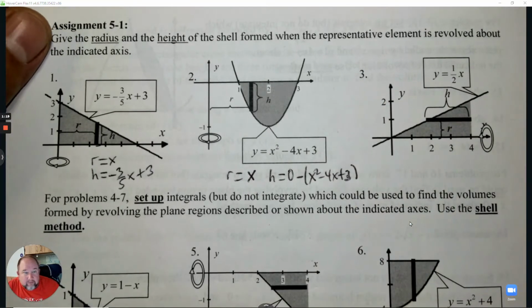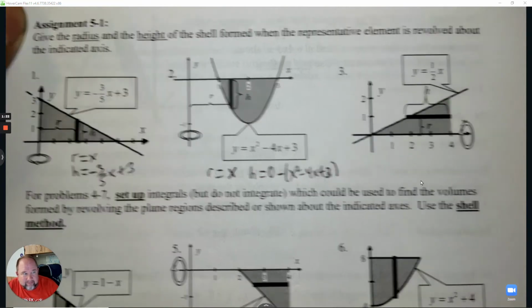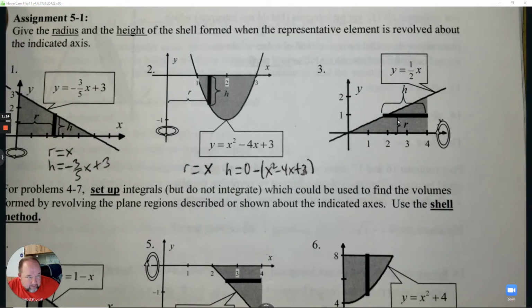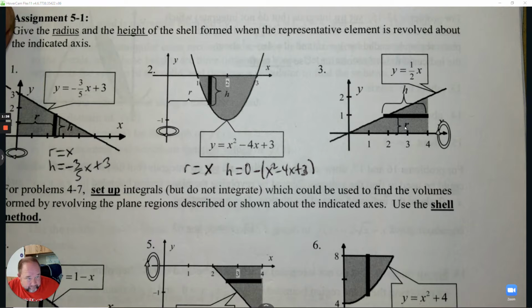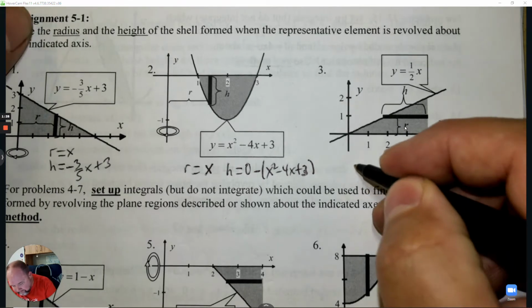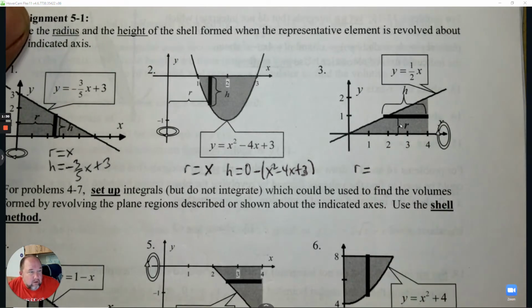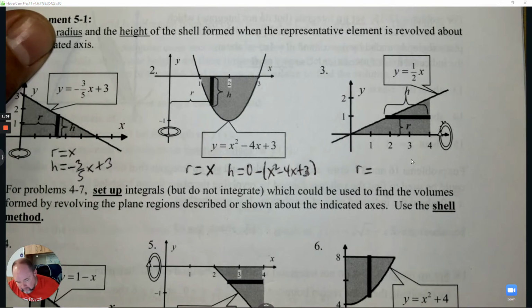So we're still thinking of top subtract bottom or right subtract left. Here for the radius, it's in terms of y because of the direction it's going. So if you think of the y coordinate here, top subtract bottom, it's the y coordinate, subtract 0 or just y.